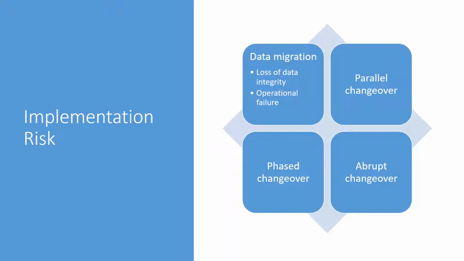There are risks if we were to conduct a phased changeover, where we move one department at a time to the new system. With the parallel changeover, we're moving different users from all departments over at the same time as the new system is running. And there's a potential for data corruption with both systems running in parallel.